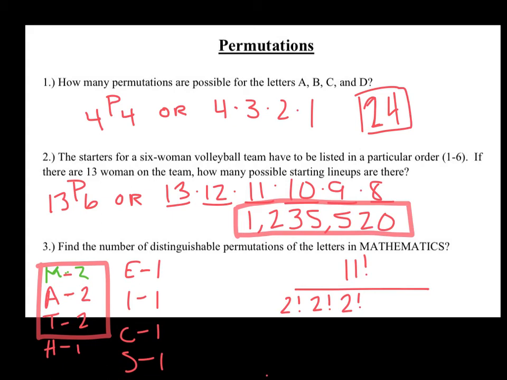So what you do is 11 factorial divided by 2 factorial times 2 factorial times 2 factorial. So when you do this, just make sure that you're dividing by all of those in parentheses. That denominator needs to be in parentheses.